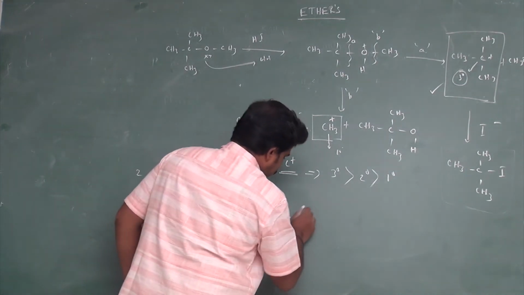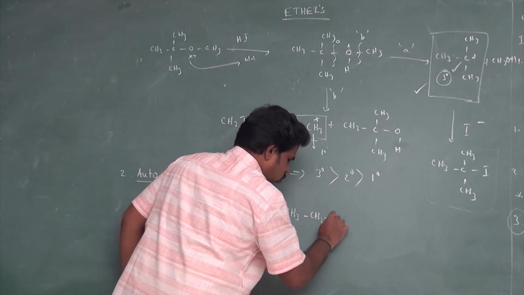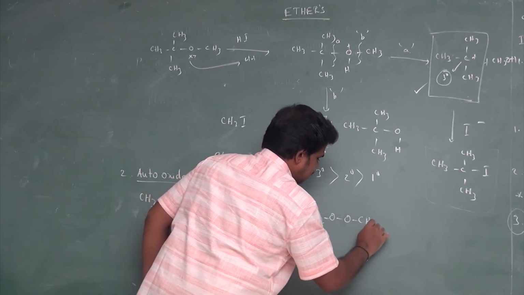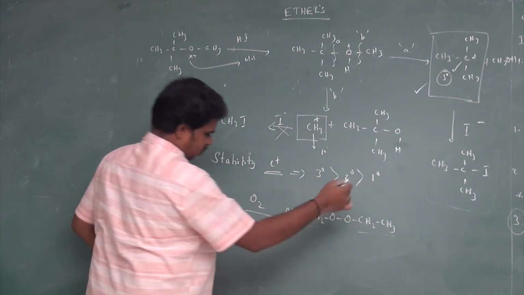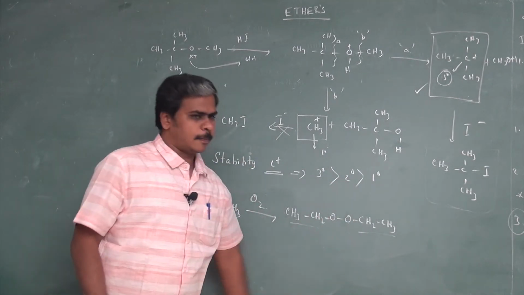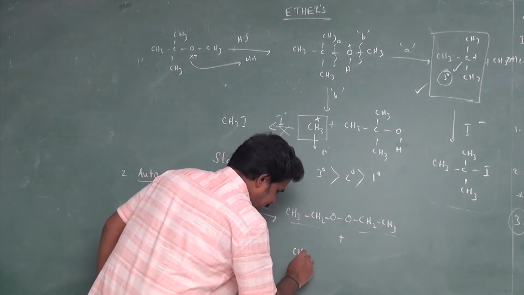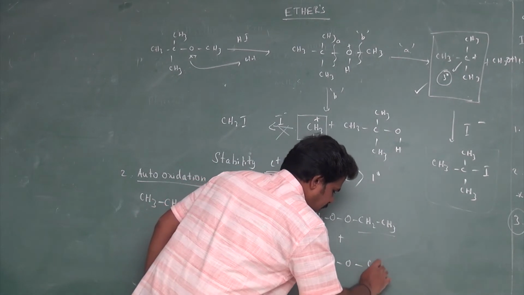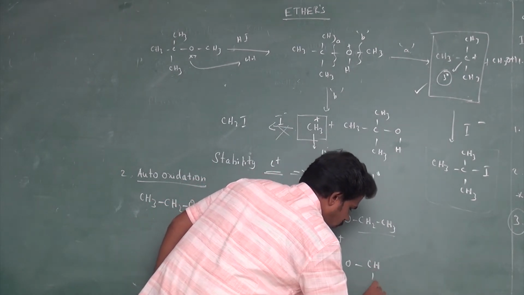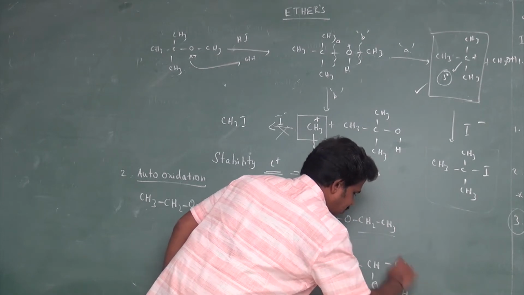So two types of peroxides are formed. Here CH3, CH2, O, O, CH2, CH3. It is diethyl peroxide. It has a peroxide bond. And one more product is formed here: CH3, CH2, O, CHO, OH and CH3.